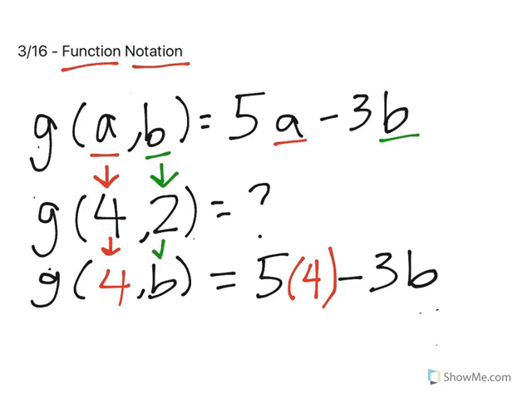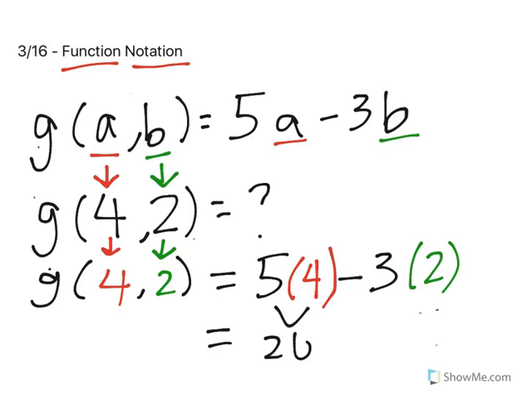Similarly, everywhere there's a b, we erase it and replace it with parentheses 2. We're almost finished. This means that g of 4, 2 would be equal to 5 times 4.